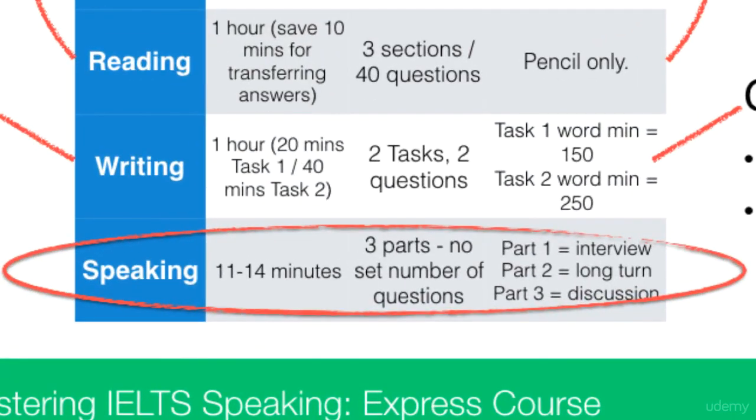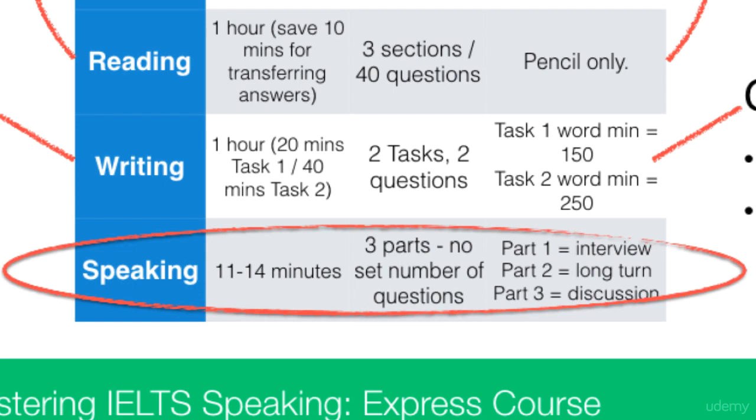So the time that you are given for the speaking exam ranges, depending on your examiner and the questions you get, between 11 and 14 minutes. And this time is split into 3 parts with no set number of questions. Part 1 is called the interview.